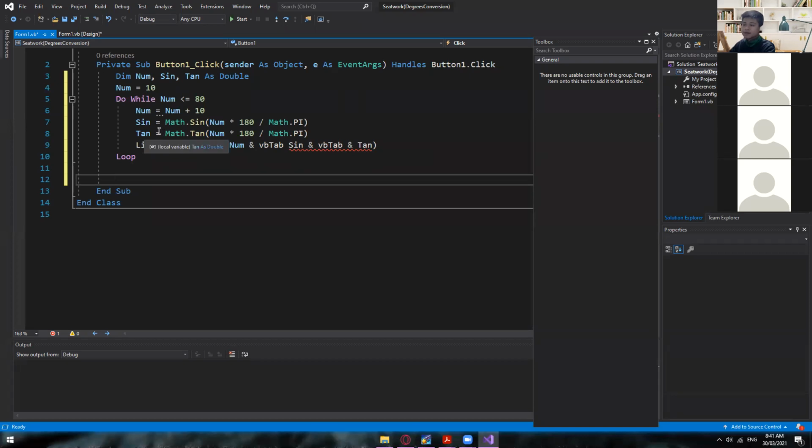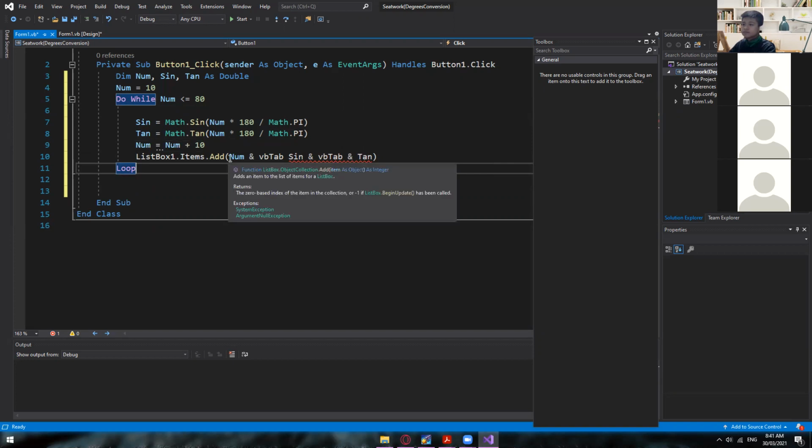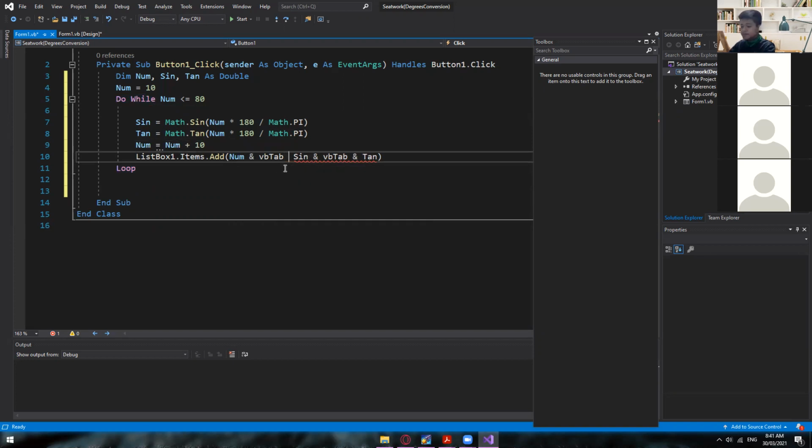Why are we having an error? And vbTab. We forgot one ampersand. And vbTab and tangent.